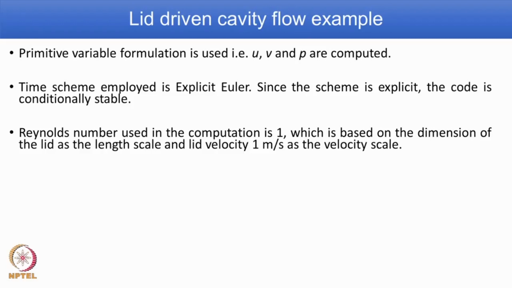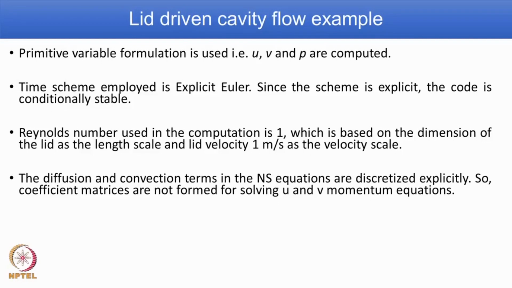So, the side of the cavity can be a length scale and the top lid driven velocity is considered as a velocity scale. So, the Reynolds number computed based on this length scale and velocity scale is 1. This is only for demonstration purposes. You can increase the Reynolds number and investigate the flow inside this problem.